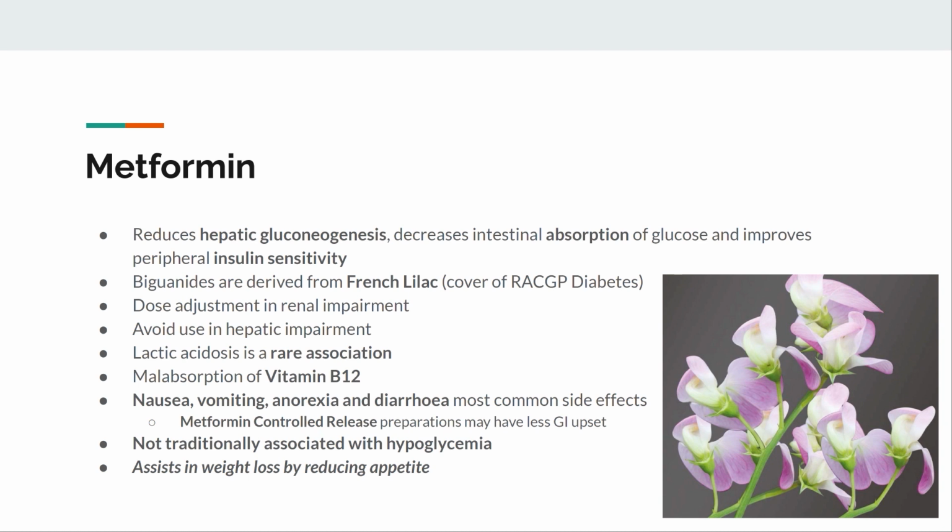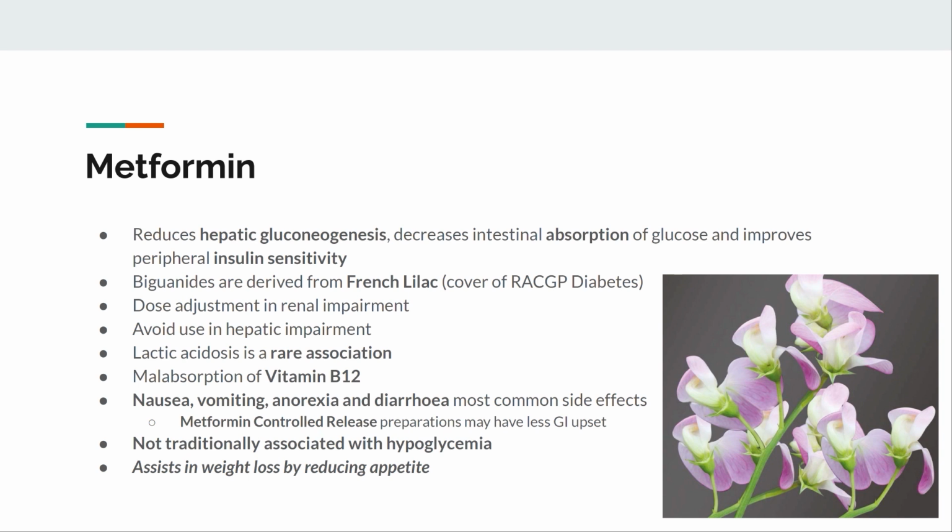If you've got bad kidneys, you need to adjust the dose, so you only go to 1 gram max dose. And that's because you can increase the risk of lactic acidosis, which is a very rare association, but the risk of it is higher in bad kidneys, and also higher when giving contrast for imaging. So when you order a CT scan with contrast, they'll ask you if the person's on metformin or not.